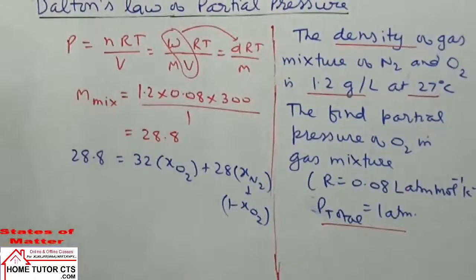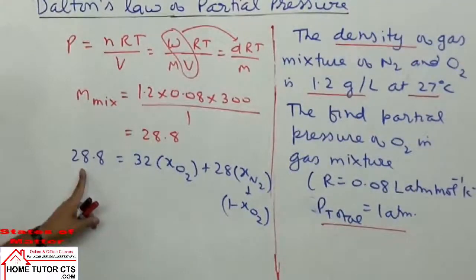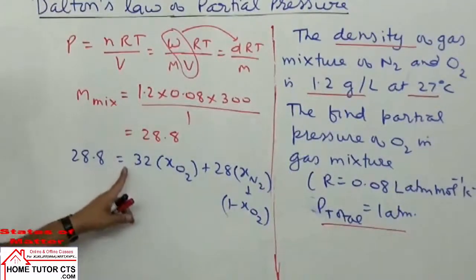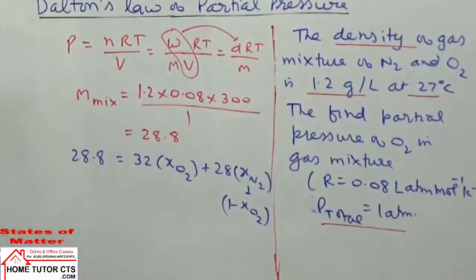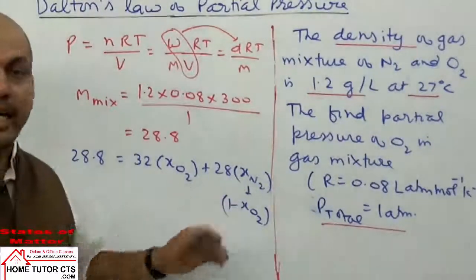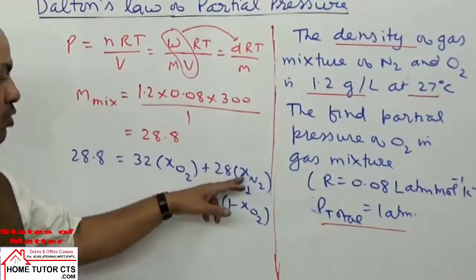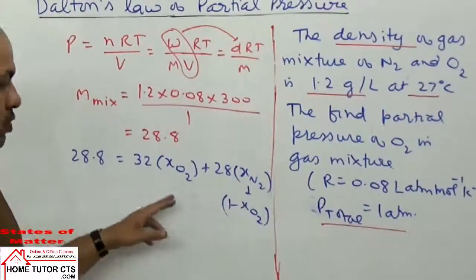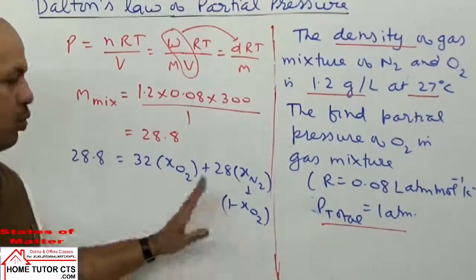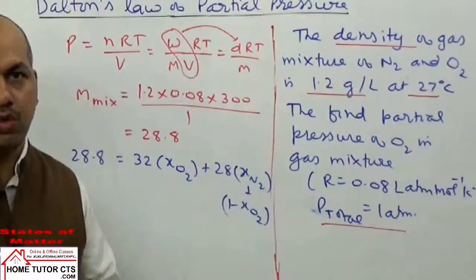Using the relation that the molar mass of the gas mixture is the sum total of the product of molar mass into mole fractions. We have only two gases, one is oxygen, second is nitrogen. So for nitrogen the mole fraction is 1 minus xO2, and then we can solve this question.